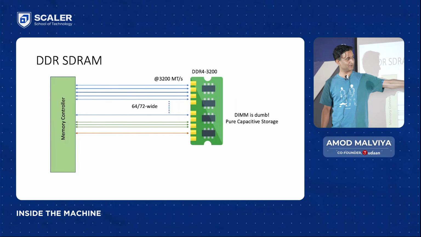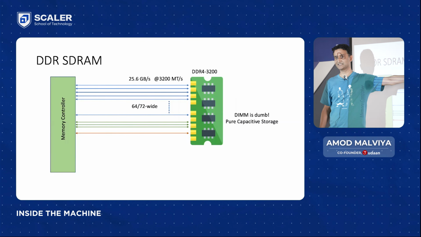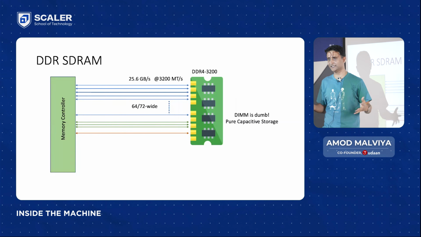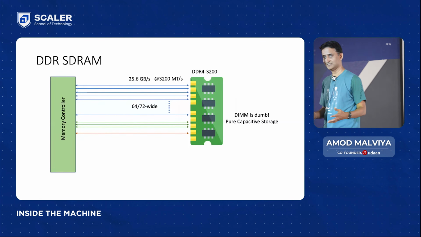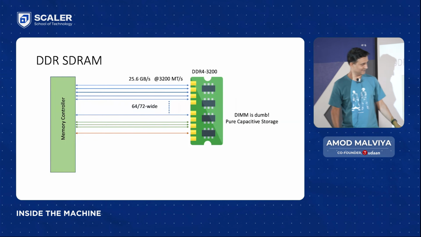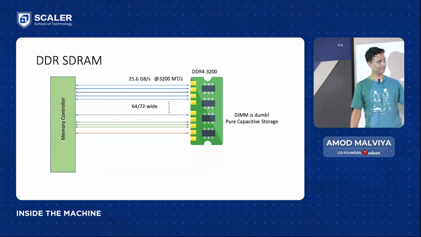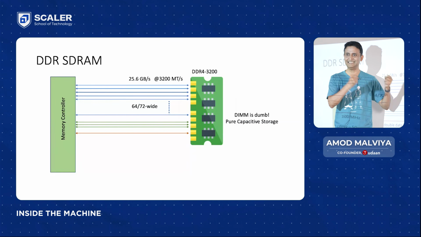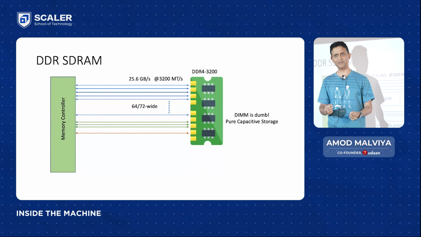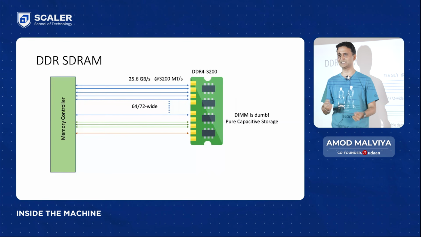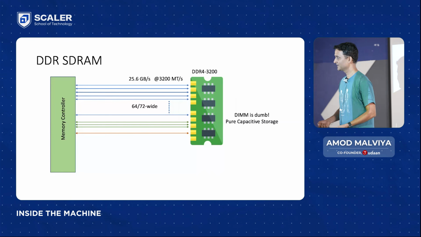My data lines, because they are operating at 3200 million transfers per second, they have the ability to send it as many times. But what is the bloody slow poke in all of this? The latency. Every time I send a request to read, it takes me 50 nanoseconds. There's no way I can avoid it because it is capacitive, it's limited by physics, right?